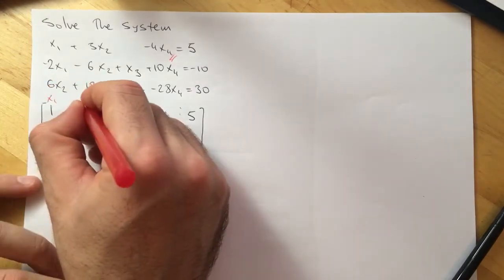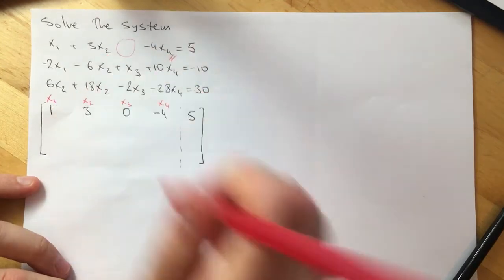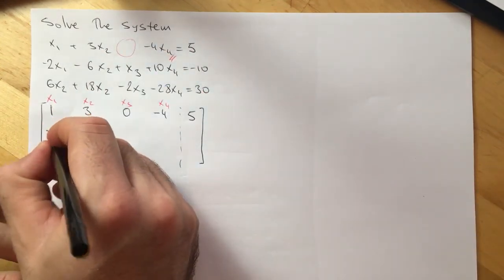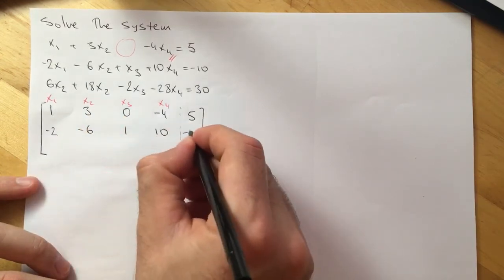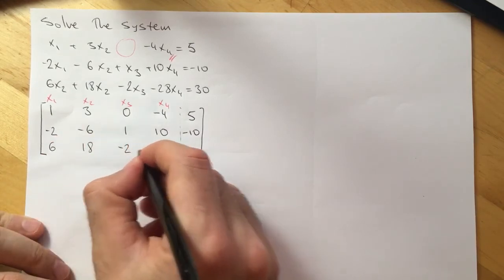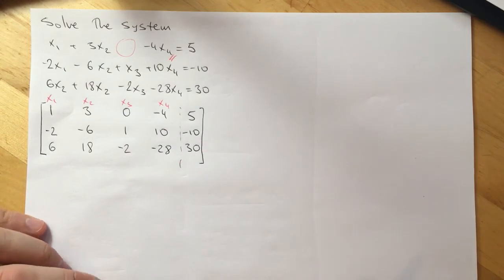So that's x1, x2, x3, and x4. You see x3 here is missing. That means it's multiplied by 0. The second one, negative 2, negative 6, 1, 10, negative 10, and then 6, 18, negative 2, negative 28, 30.